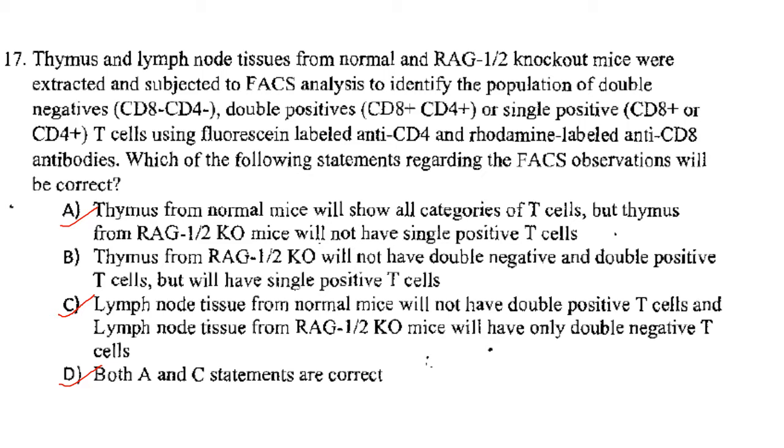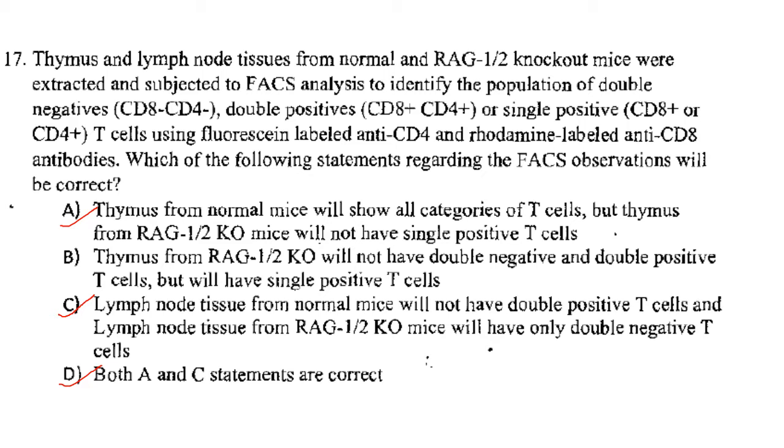So they are double positives, and these double negatives, double positives, single positives are found at various stages of T cell differentiation, maturation, development, etc. And the single positives are either CD8 plus or CD4 plus.